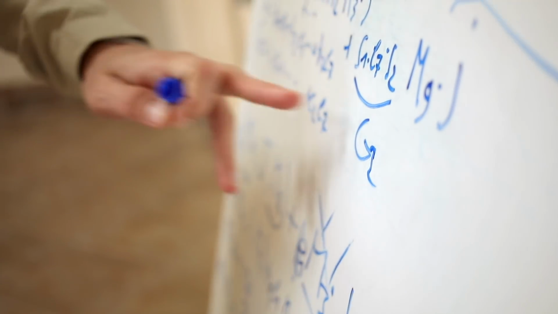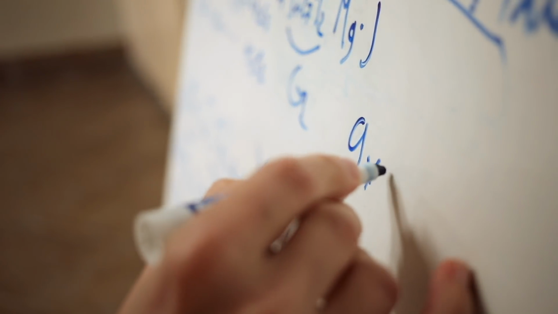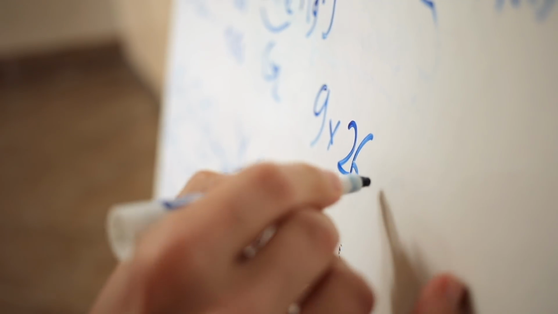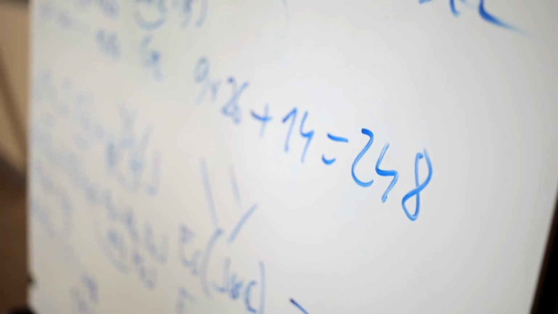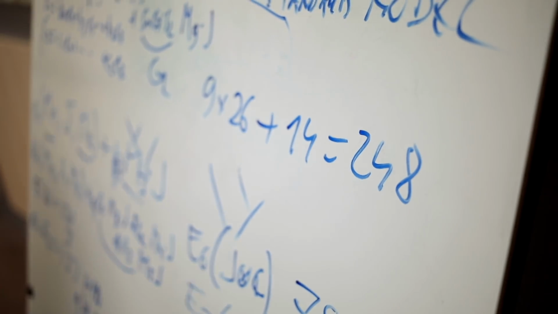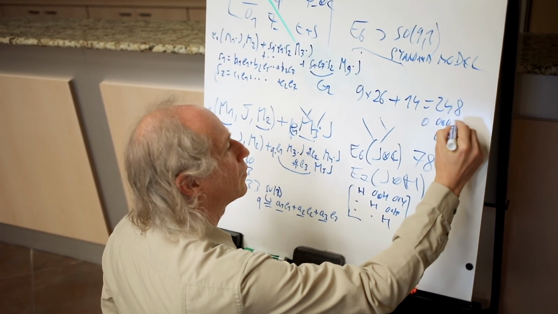G2, which is 14-dimensional. So the total of this has 9 times 26 plus 14, 248. So it's a representation of E8, which is acting on a Jordan matrix in OO.